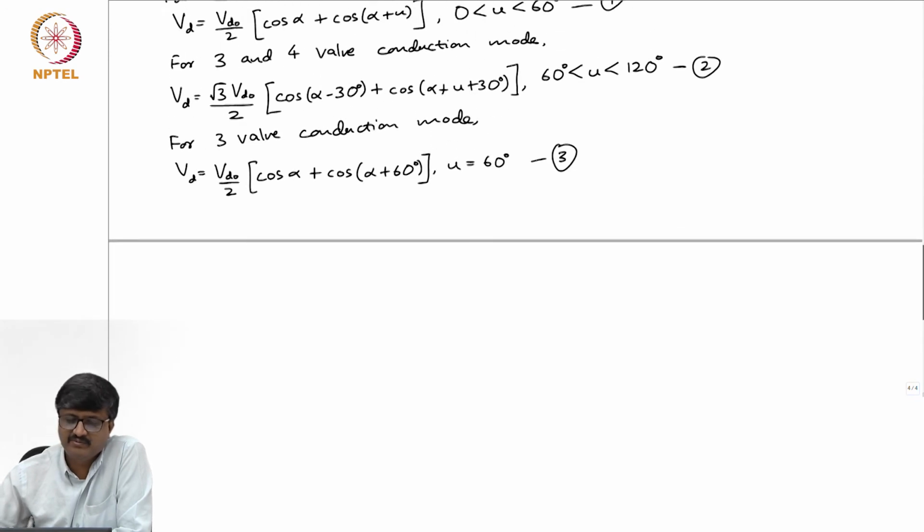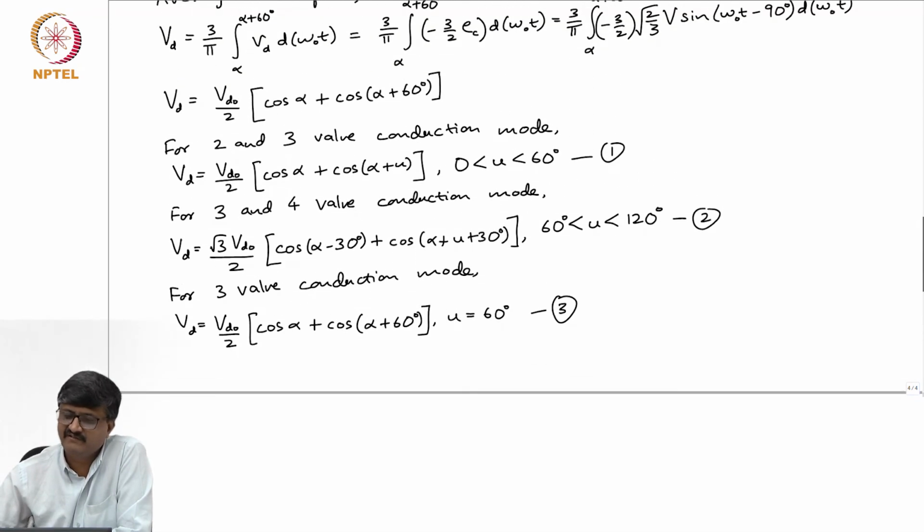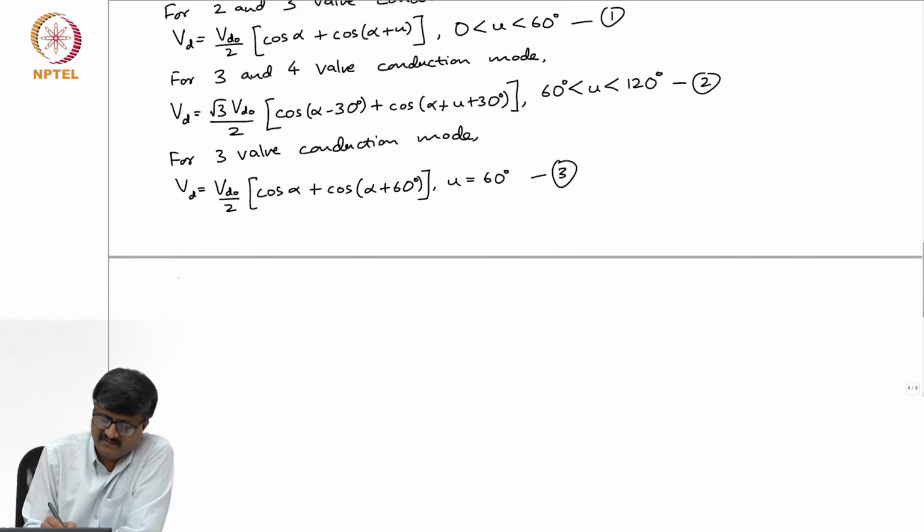So what I am trying to do is I will take equation 1. The right hand side of equation 1 is Vdo by 2 cos alpha plus cos alpha plus u.